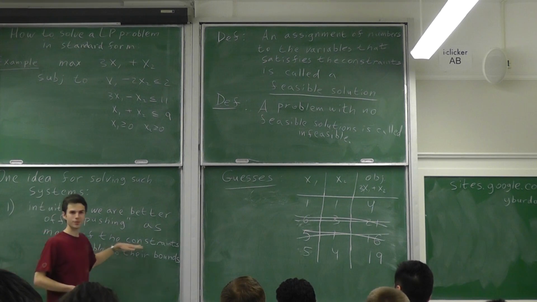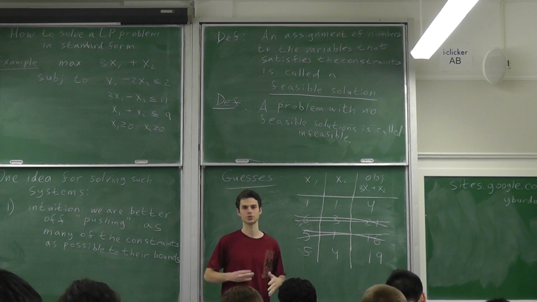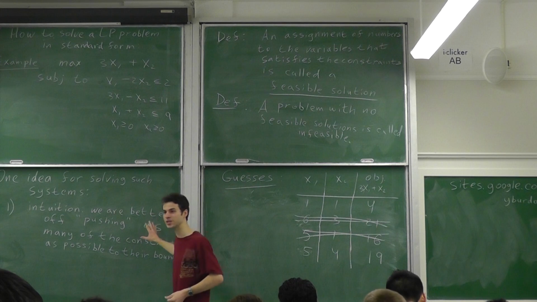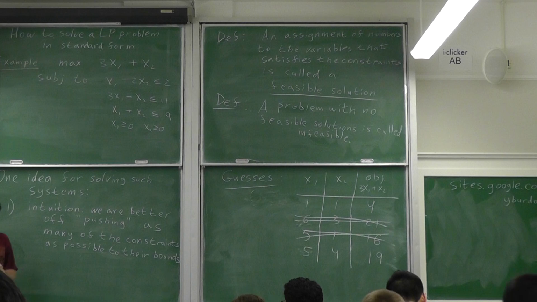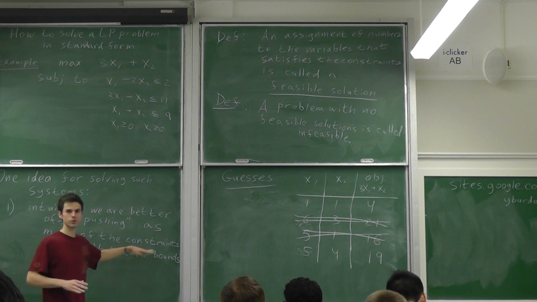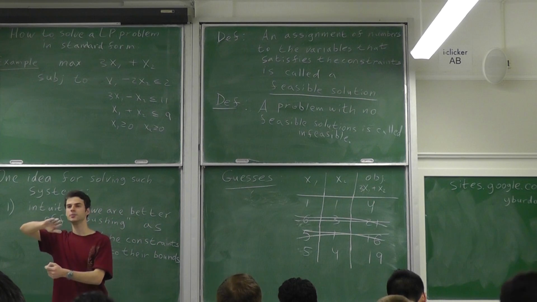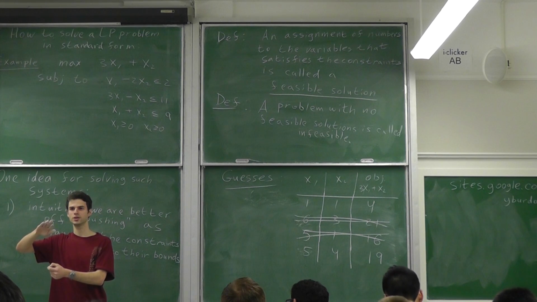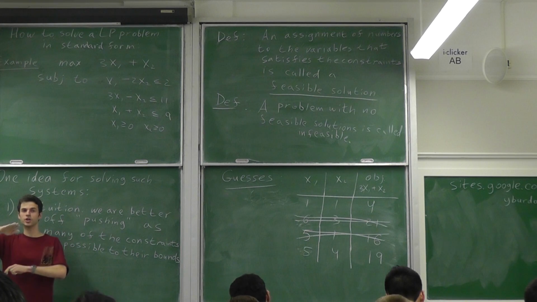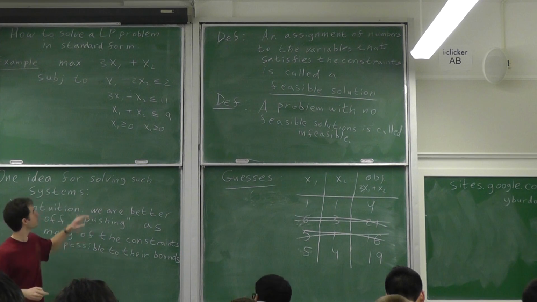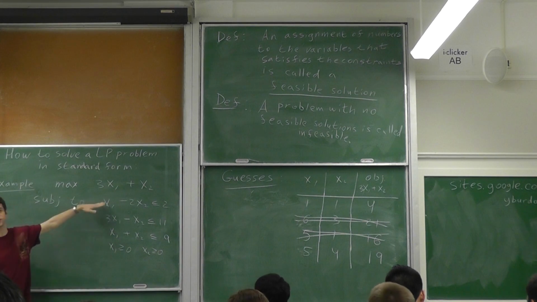Maybe this doesn't explain the fact that we want to push as many of the constraints as we can to the limit, but at least it explains that we want to push at least one of the constraints to its limit. Actually, it does explain why we might want to push as many of those to their limit. Suppose we are on the boundary, but we only encountered one of the constraints. Along this constraint, maybe a good idea in this case would be to try to draw this region.